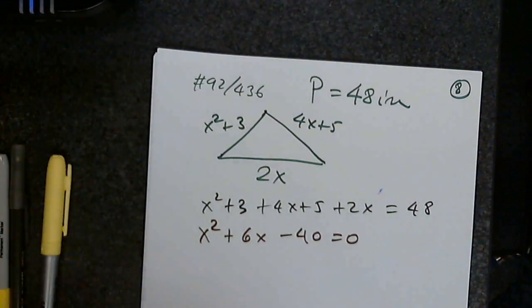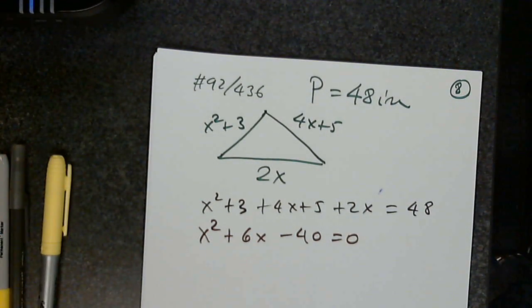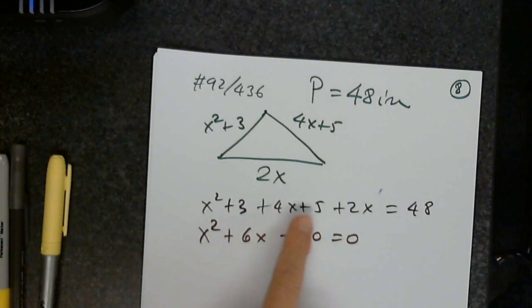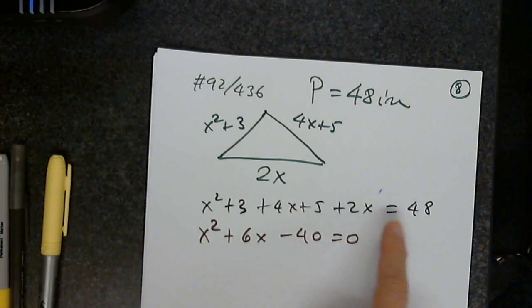Excellent. If you have questions, let me know. x squared, 4x plus 2 is 6x, 3 plus 5 is 8, subtract 48, get negative 40.